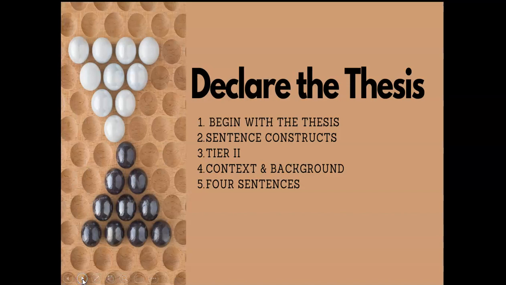And let's talk real quick about what the declarative and inverted look like, just in case it's new for you or been a while. So with the declarative thesis, the student begins by dropping the thesis. Literally, first sentence, boom, drop the thesis in that opening line as declaratively and succinctly as possible.